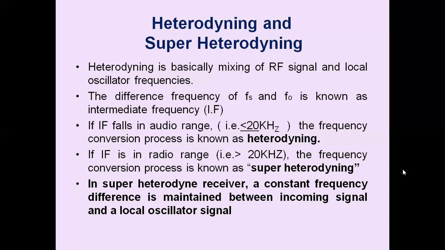That means when Fs is mixed with F0, F0 minus Fs is always a constant value. Irrespective of the incoming signal frequency, we always get a constant value. That is why it is called a super heterodyne receiver.